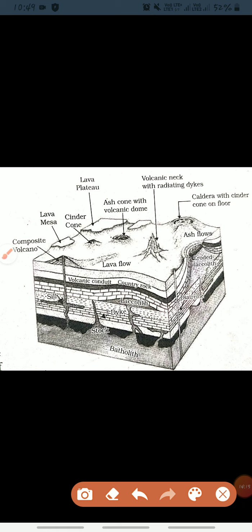These are large dome shaped intrusive bodies with a level base, connected by a pipe like conduit from below. Now you can see in the picture, it is like a pipe and it is like a dome. So it resembles the surface volcanic domes of composite volcano. Clear?